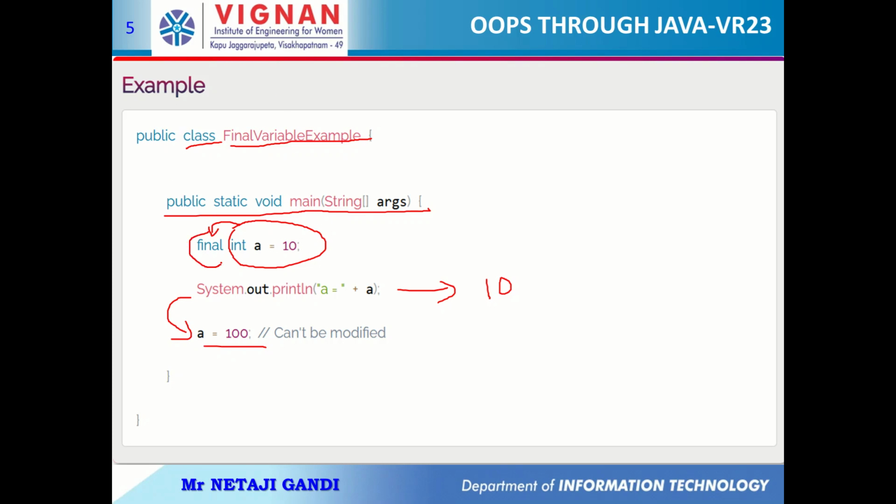That is the speciality of the final keyword: it fixes a one-time assignment. So the value is not modified any number of times. If you try to change this 10 to 100, the system automatically generates the error that final variables cannot be modified.